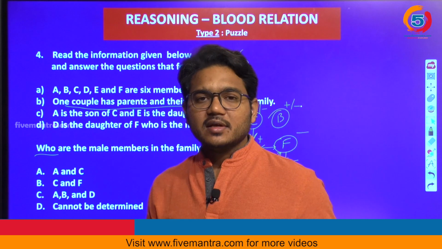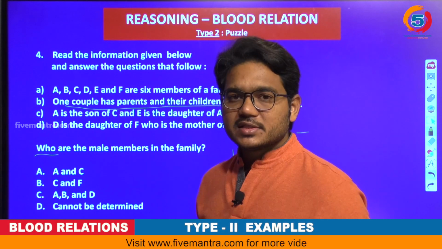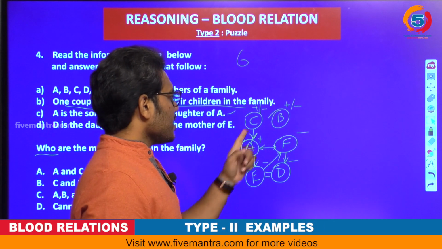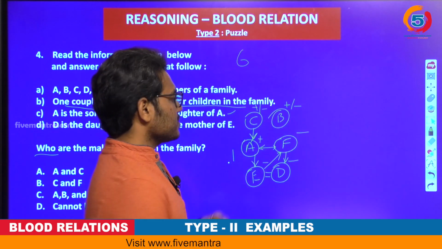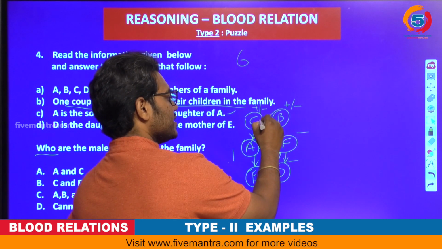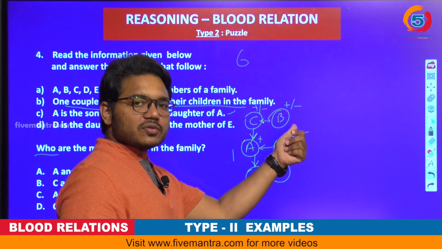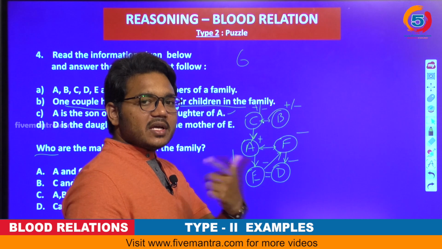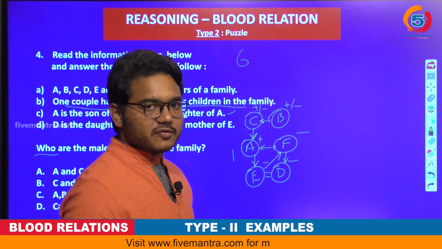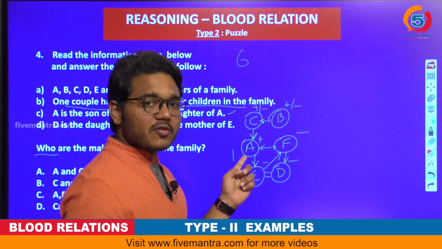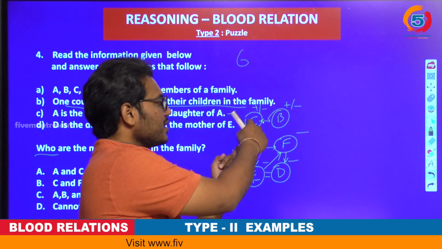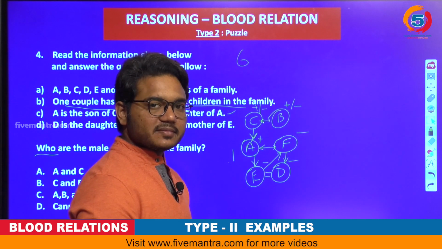Suppose it is asked how many male members are there, we can easily say one, and one of these two. Any one of these, obviously the parents, they are a couple here. So one of these two will be a male and the other will be a female. So if it is asked the number of males, we can certainly answer that 2 males are there, isn't it?